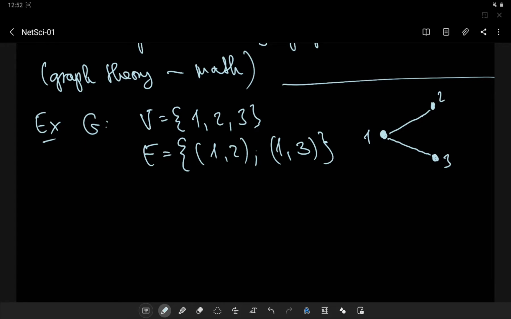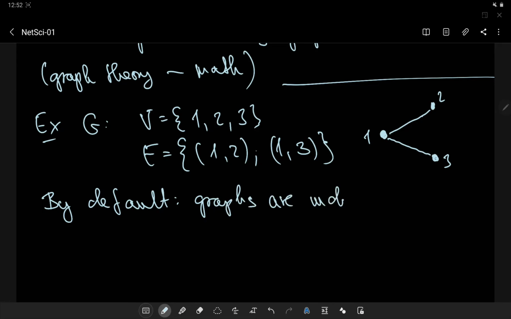So let's continue the first short lecture with a note which says that by default, graphs are undirected. Okay, so what does it mean?